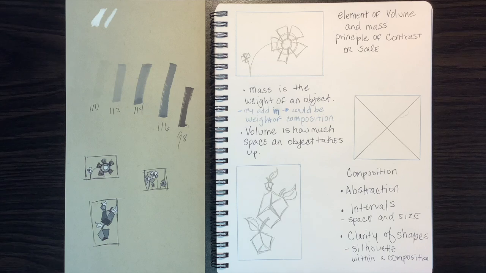It could be different contrasts of texture, so let's say I have a smooth texture object in my composition next to a fuzzy texture object. When it comes to scale, you can have something large in scale next to something small in scale. That also aids in contrast as well.